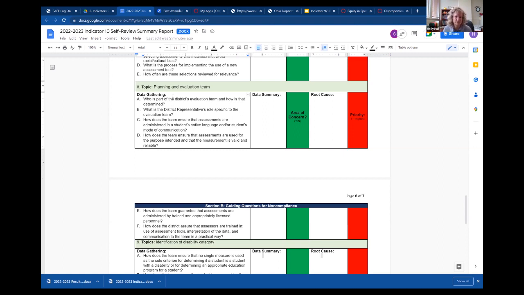So she used that type of format. So this can look very differently across the board in terms of how you elicit responses to the question. But that data summary piece, that's really where you want to make sure that especially the SST are involved, and you've got your team involved with the data summary.